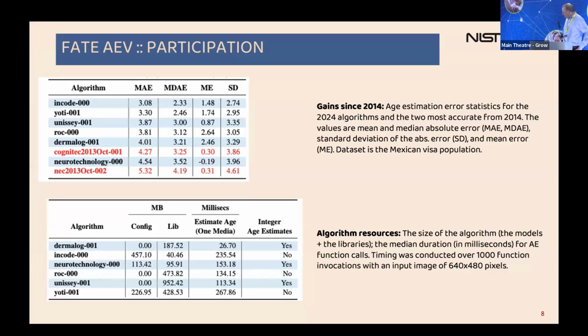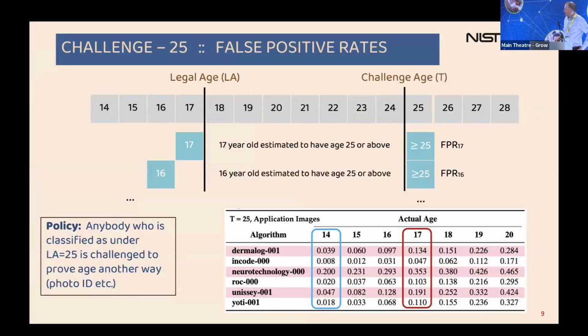Mean absolute error is a generic statistic. It's not really related to a particular application, so I'm going to talk about other metrics coming up. In particular, we have this thing about challenge 25. We're in the UK, where alcohol sales, for example, are limited to people under the age of 18, and you're concerned with how many people are classified as age above 25.